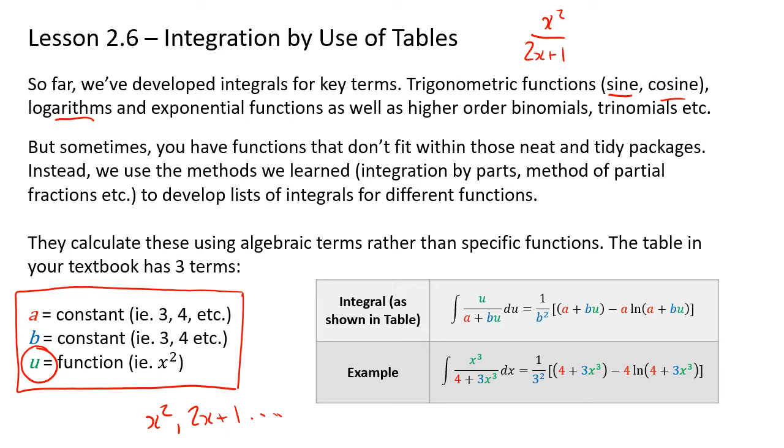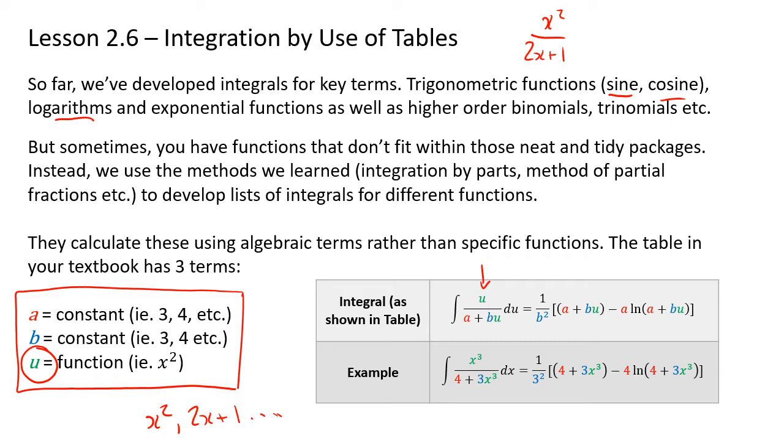Okay, so I've given you an example here. If you go to the tables that are listed in your formula sheet, they're also in Appendix B of your textbook. That's where I'm taking the clippings from that you'll see in the formula sheet. So the integral as shown, let's say the first example, is the integral of u divided by a plus bu.